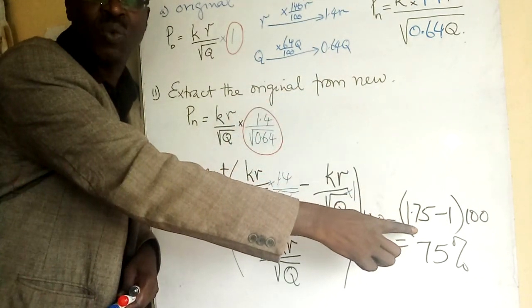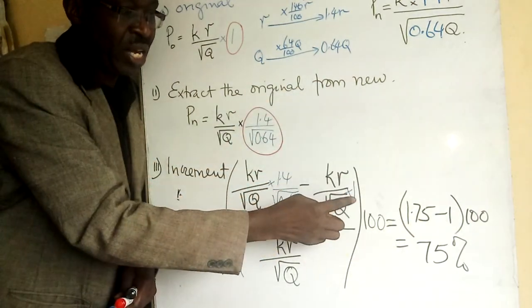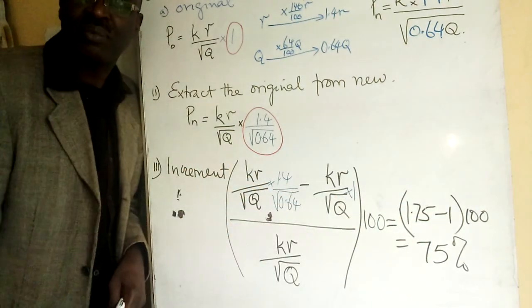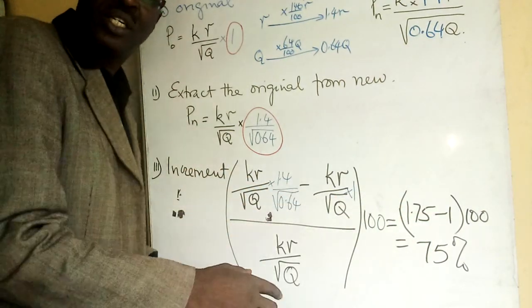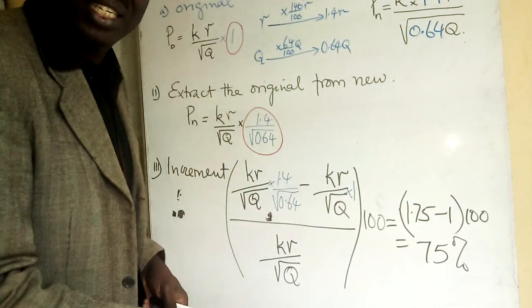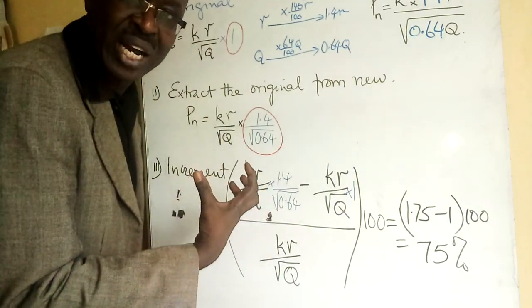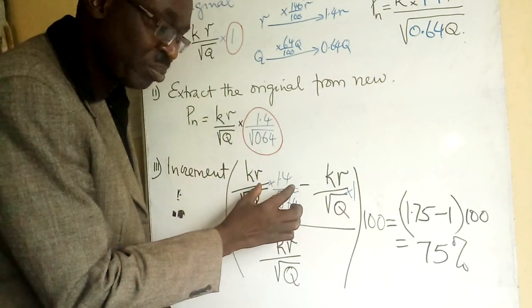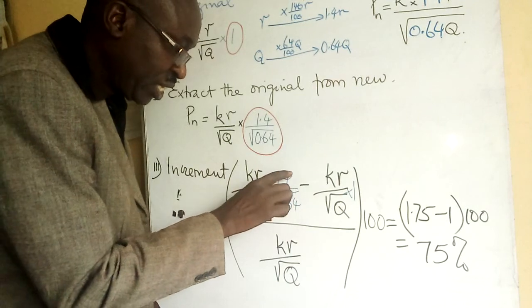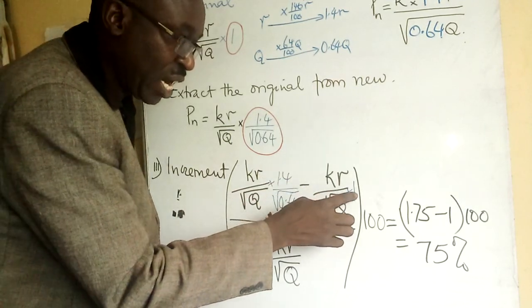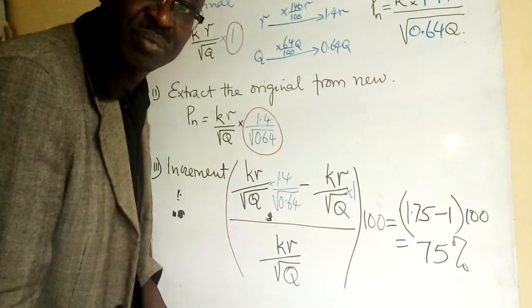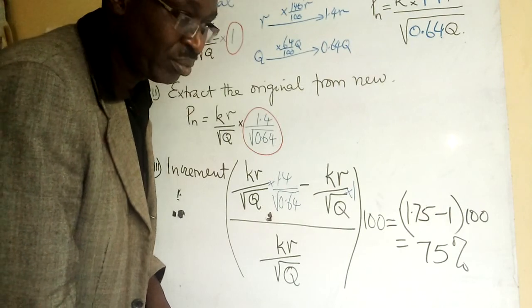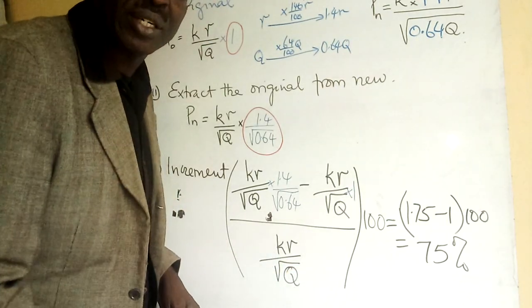There, 1.75. Here I have 1. So basically, you can come straight if you internalize this method. It is this minus that times 100, which gives me 75%.